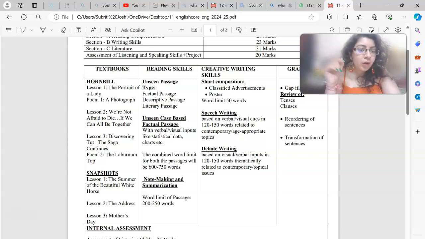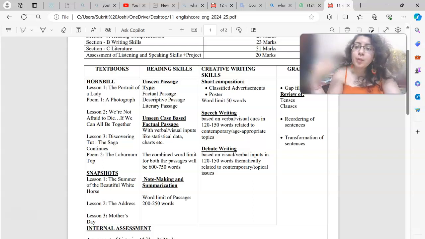Now you would be having note making and summarization, and the word limit of the passage for note making should be 200 to 250 words. You would be having note making plus summary.